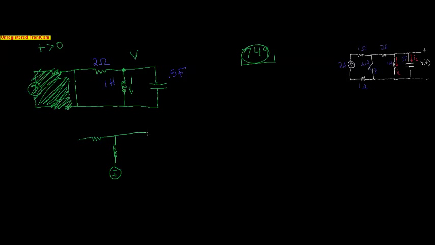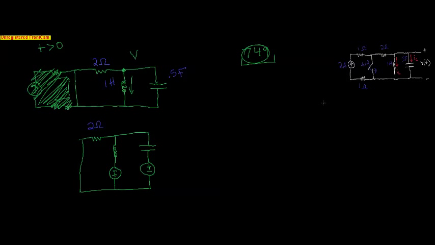And the same thing happens for the capacitor: plus, minus. Notice that the polarity is flipped for the capacitor. The voltage source for the capacitor, the plus side goes over here and the minus side goes over here. So let's get the values of these things. This is 2 ohms.